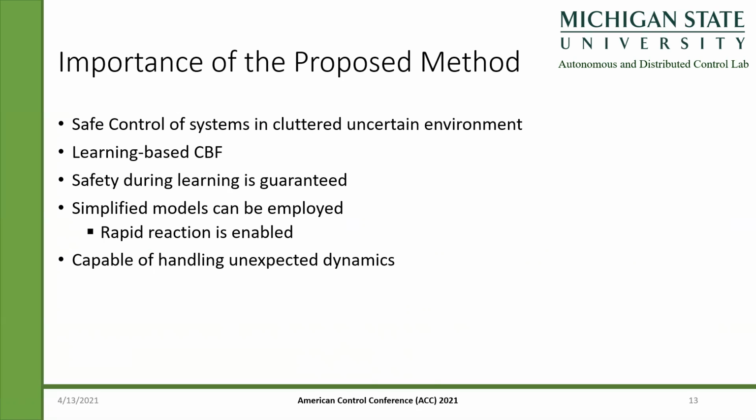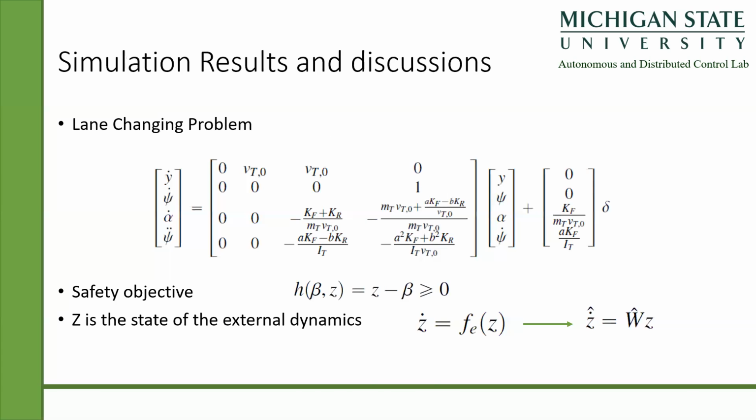So C hat does not need to be accurate. We just need some rough approximation. Therefore, simplified models can also be used, which enables rapid reaction. Even if we see unexpected dynamics, we are able to handle it with some conservative action and still be safe.